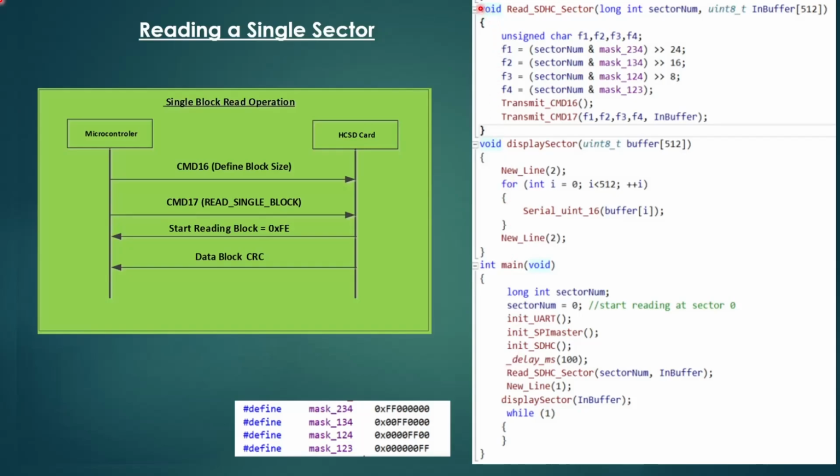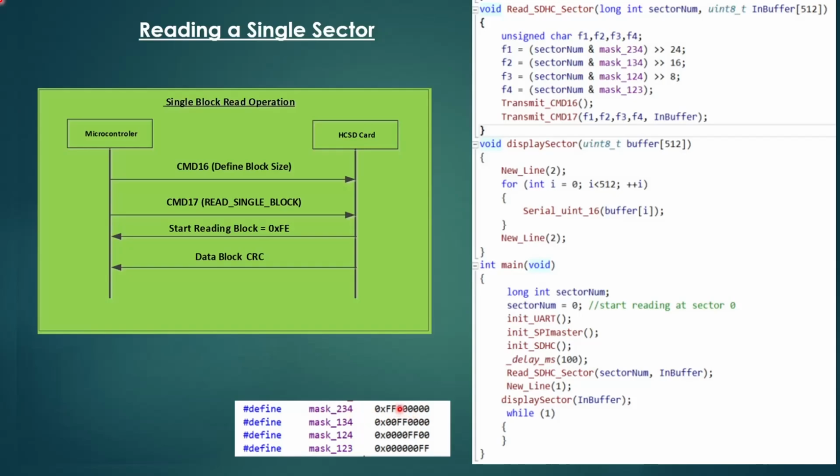So let's go to read SDHC sector, the routine right here. We send it the sector number, and what this routine has to do first is break the sector number into 8-bit chunks. How do we do that? We have this define, mask 234.